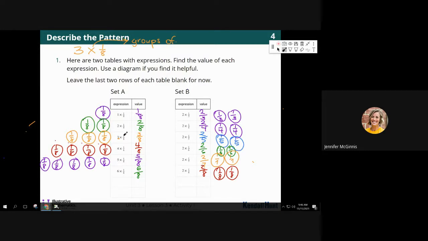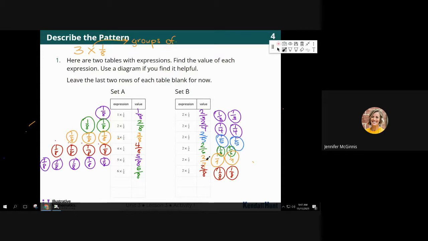Did you guys talk about patterns in the denominator? These denominators are all the same. These denominators are going up by 1. Good. Those numerators are the same, but the denominators are the same on part A. Part B, the numerators. Good.